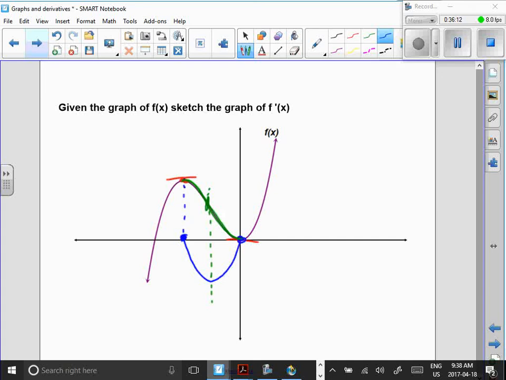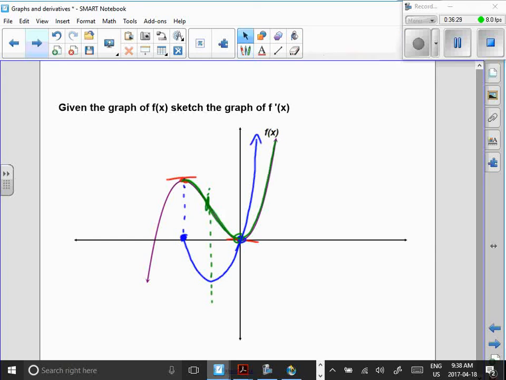Okay? And if we go to the right of this root, the slope of the tangent is always positive and just getting increasingly positive. So the derivative is always positive and getting increasingly positive.